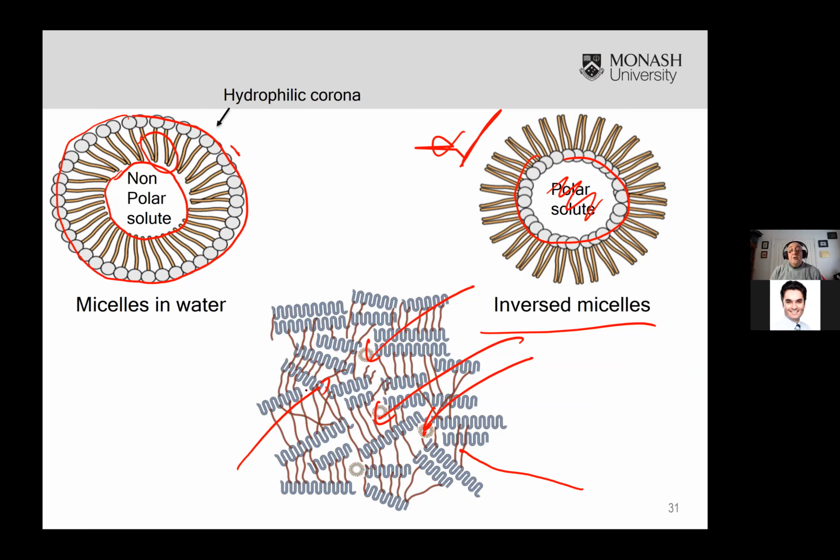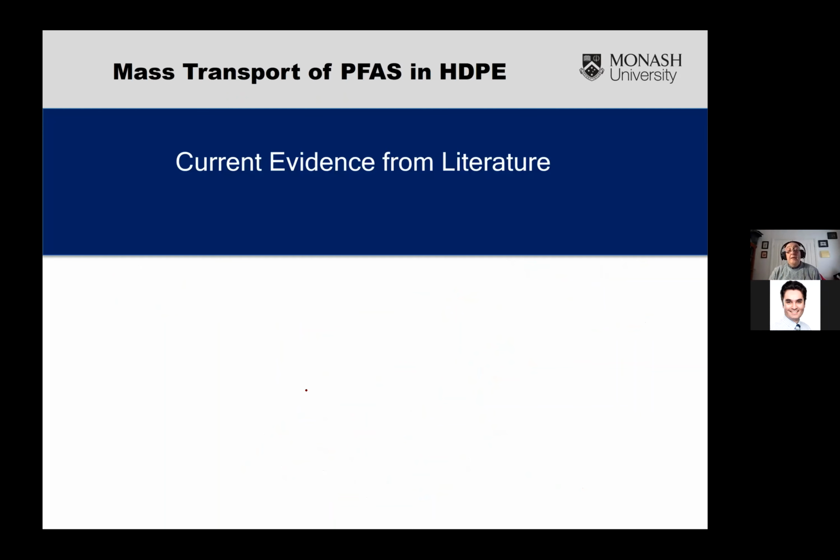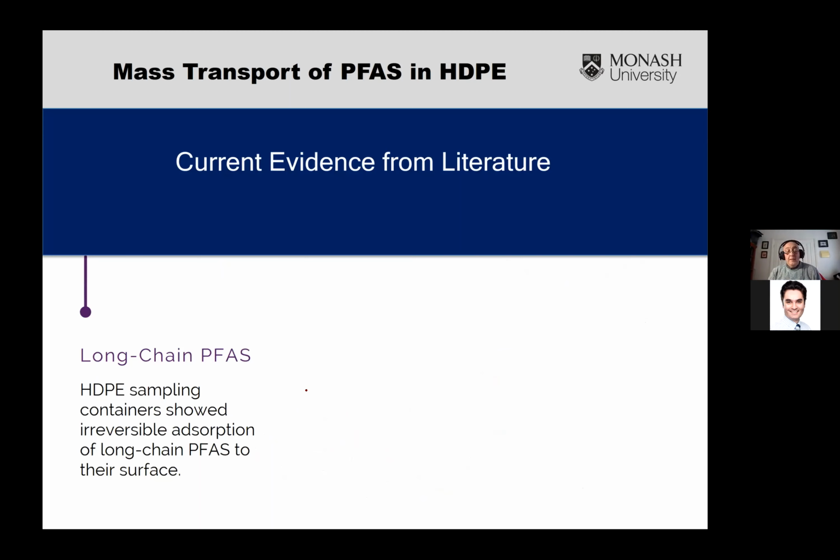Now, we also learn a little bit from associated disciplines based on current evidence from literature. For example, long chain PFAS have been shown to have some sort of irreversible adsorption to HDPE surfaces, and this is when they are at very high concentration.